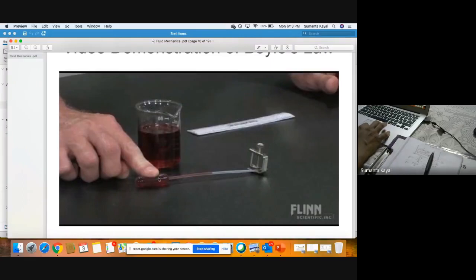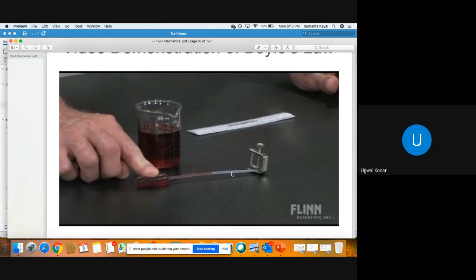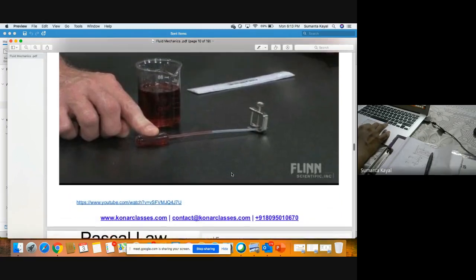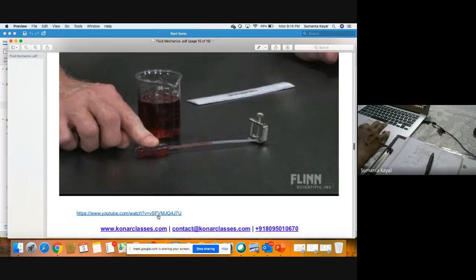And now, as he presses this particular point, of course the liquid will flow, and the volume will be contracted. Yeah, any question from anybody? I just hear some voice. If you have any question, please feel free to stop me.